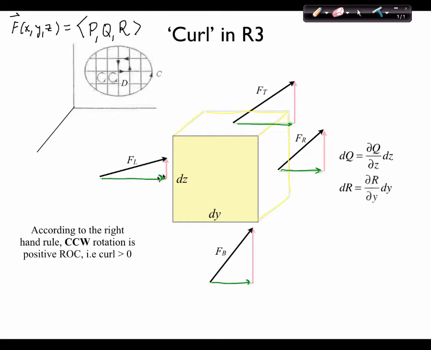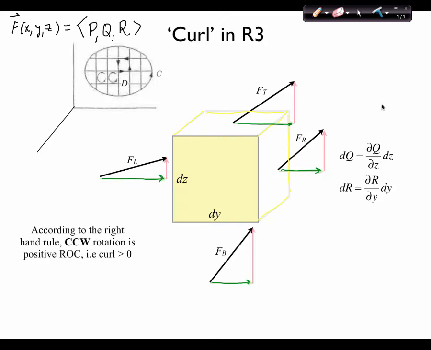So the green or the red are going to contribute to rotation for a change in Y. Green ones or the red components? Red, right? For change in Y, horizontal change, it's the red components that are going to cause this thing to twist, not the green ones. So that's for a change in Y. I'm looking at how R changes, right? Those are my Z components of the vectors.